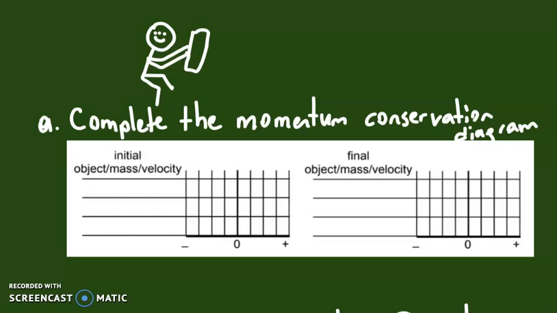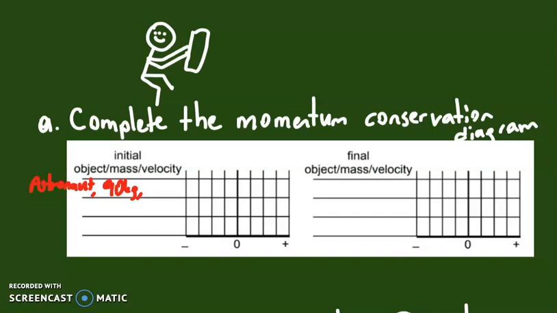Here we have the object, the astronaut. Let's write down here astronaut. The mass of it is 90 kilogram, and the velocity of it is not given.